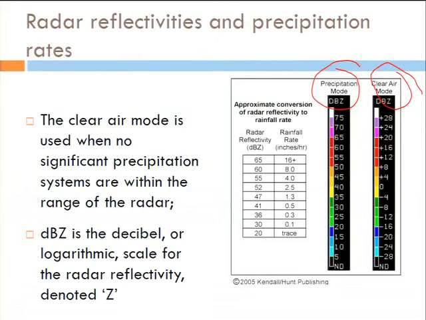And then we can relate. And so these are empirical relationships where we can relate how much signal is sent back to the radar to how much rainfall is falling. Okay, so when we're in the greens down here, we're essentially talking about precipitation amounts on the order of, say, a couple of millimeters per hour.